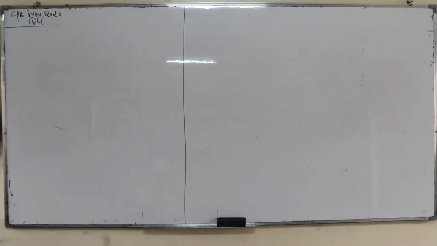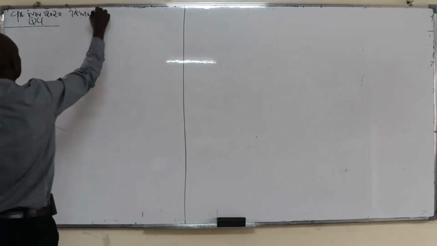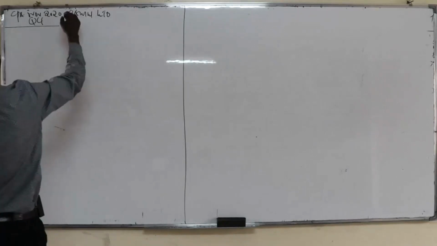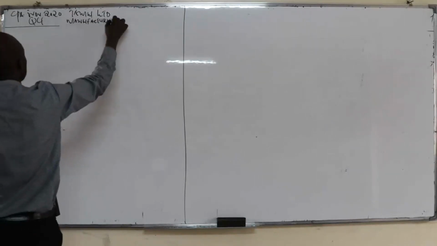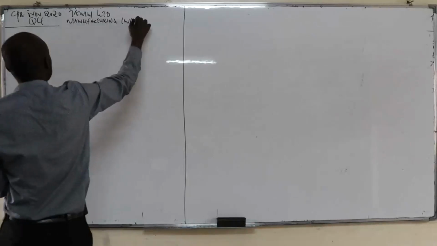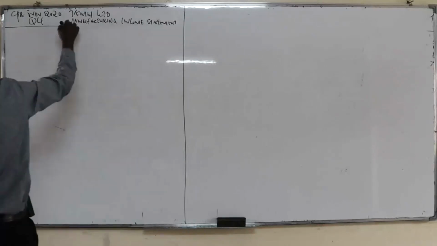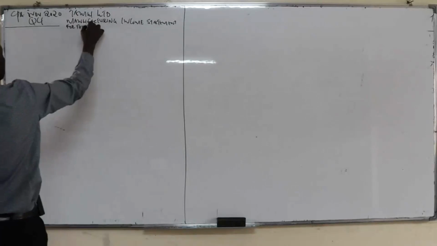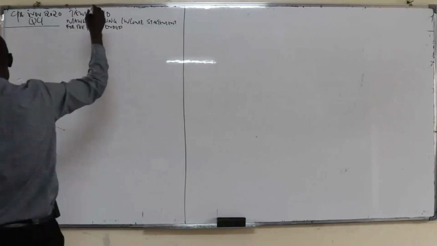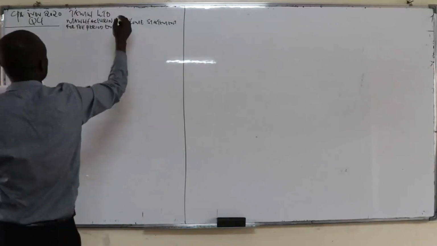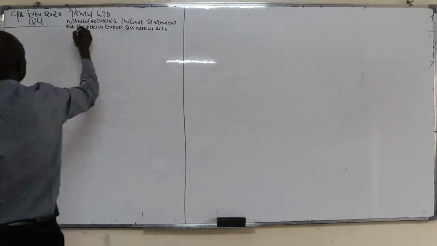So this is the format. Write there Tamu Limited, manufacturing income statement for the period ended 31st March 2020, and then you underline.